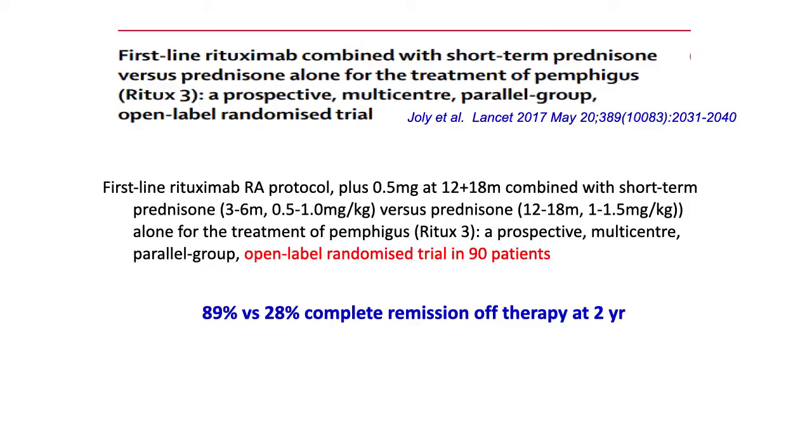Pascal Joly has shown using rituximab versus prednisolone that 89% of patients with rituximab went into complete remission off treatment at 2 years when he used this in new patients.